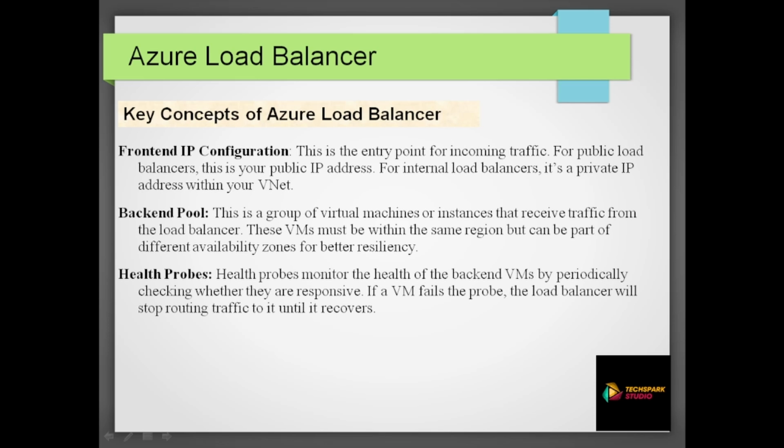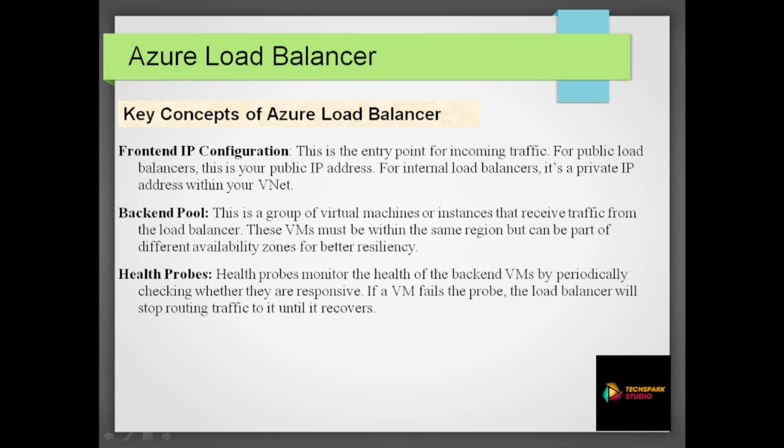For example, you can configure a health probe to check if a specific port like 443 is responding. If it doesn't, the load balancer will not send traffic to that VM until it recovers. We can use other ports as well.